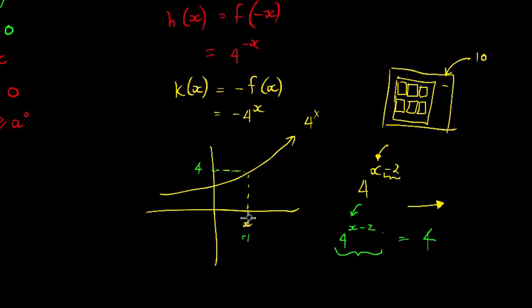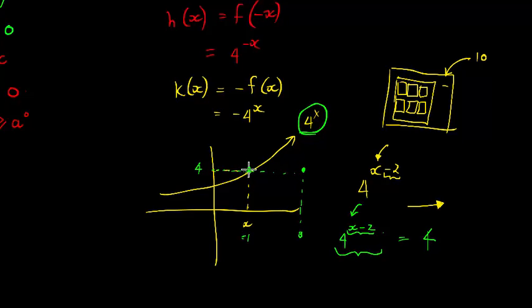So when x was equal to 1, in the original graph, if I put a 1 in, I get a 4. Yes. Now I want 4, but each time you give me something, I take 2. Do you see? My x is being manipulated here. So what must you put in now for x to get 4? 3. So now I can only get 4 when my x is 3.